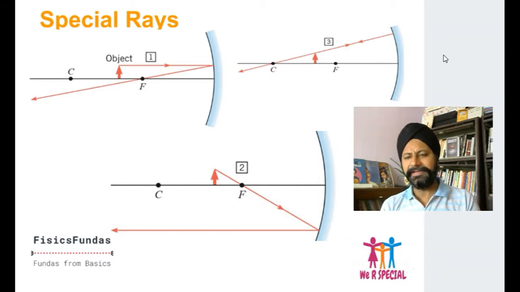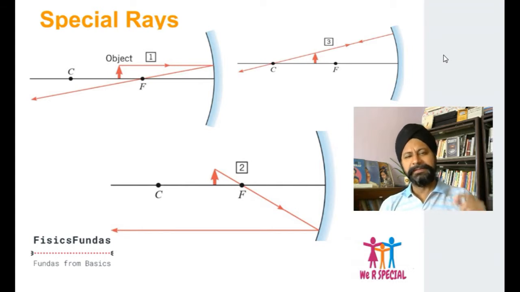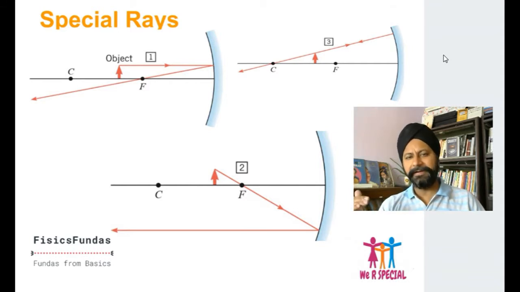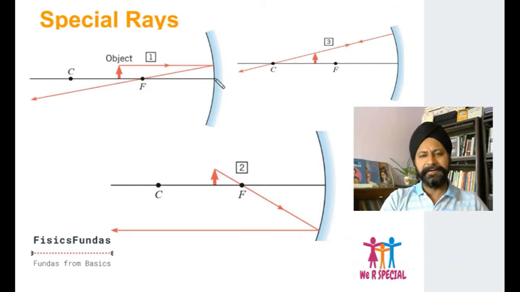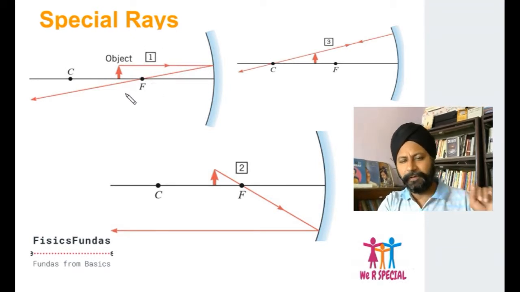But we said there are three special rays where I do not need any measurements. Number one ray, and I gave you the reasons in the part one video, so watch that: if a ray of light is going parallel to the principal axis, and obviously close to the principal axis, as in ray number one here, it is going to reflect back and go through the focal point.